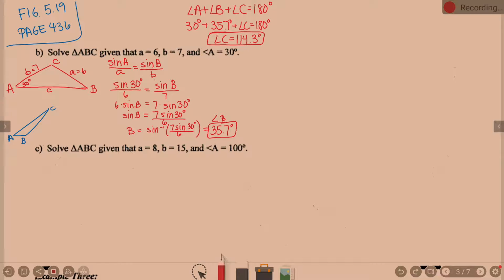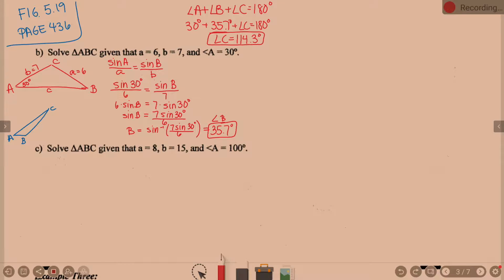And if you haven't already, the last piece you need to find is side C. Are we okay with what we're doing here? We got the basics. Okay. So in order to find side C, I'm going to go back to, I like to use the A's.